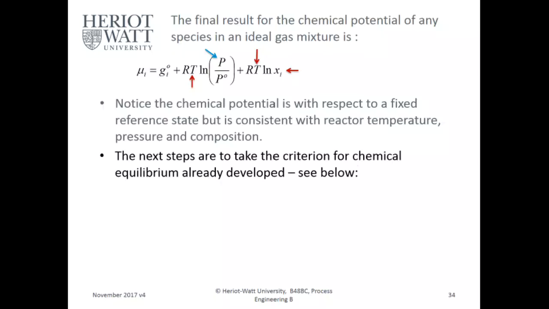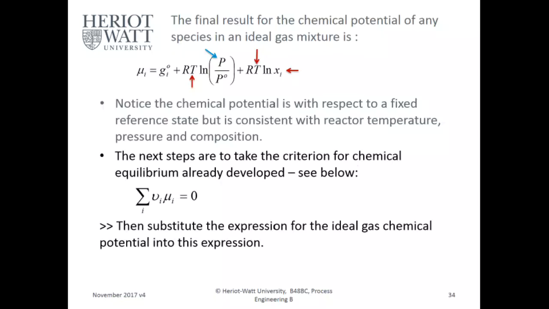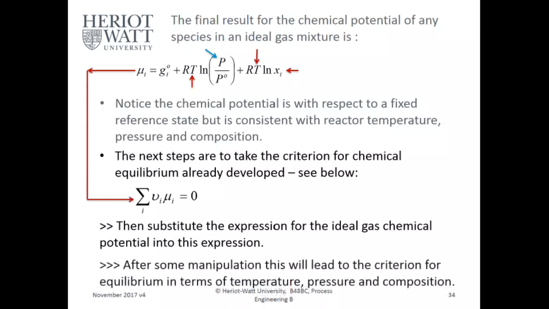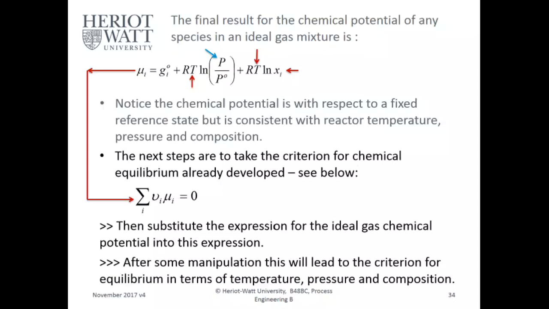Next step is to take the criterion for chemical equilibrium already developed, see below. You've seen this before. Then substitute the expression for ideal gas chemical potential into the above expression. After some manipulation, this will lead to the criterion for equilibrium in terms of temperature, pressure, and composition.